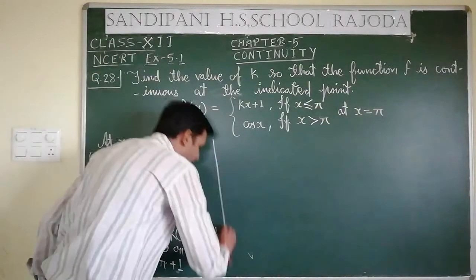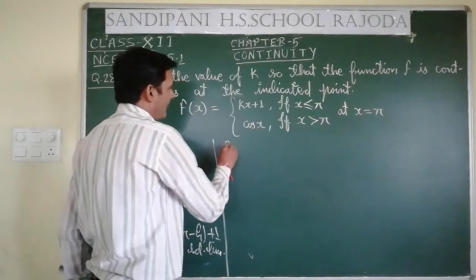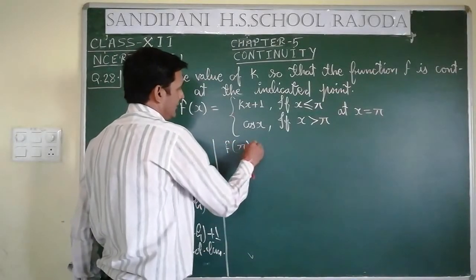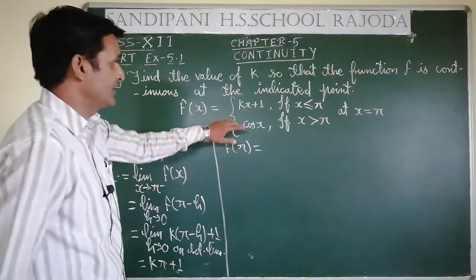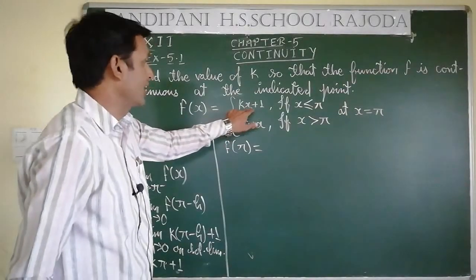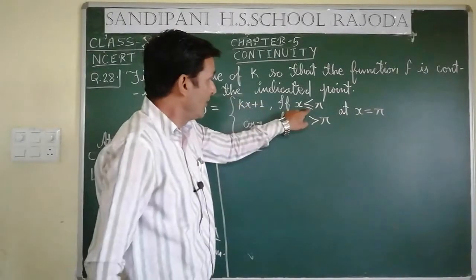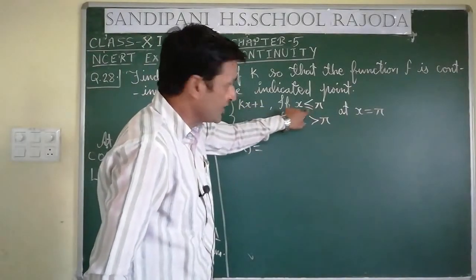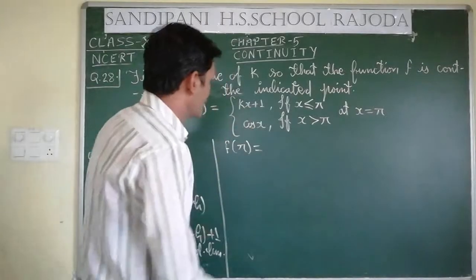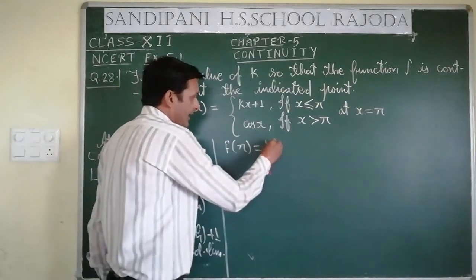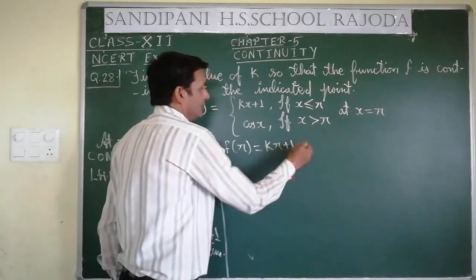Now f of pi we have to find, that is equal to, means in place of x we have to assign pi in this part of the function also, because the equal to sign is included here in this function. So now it will become k pi plus 1.